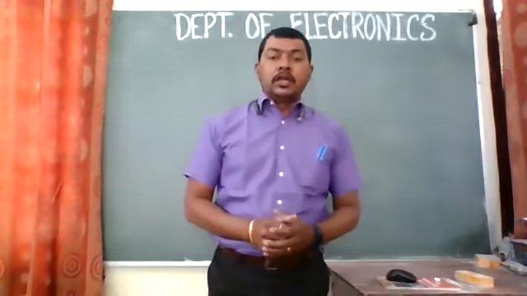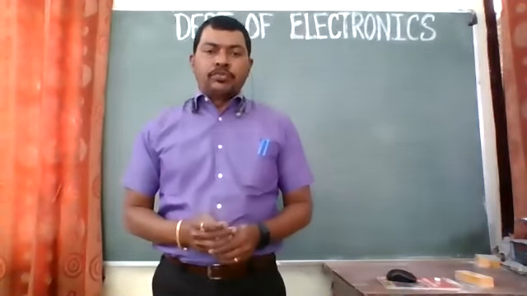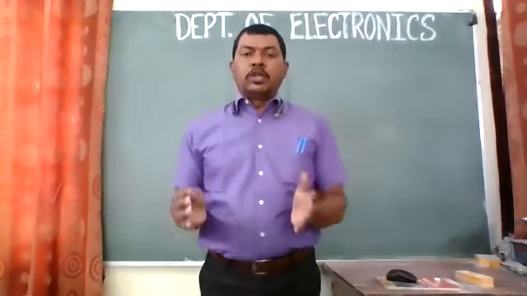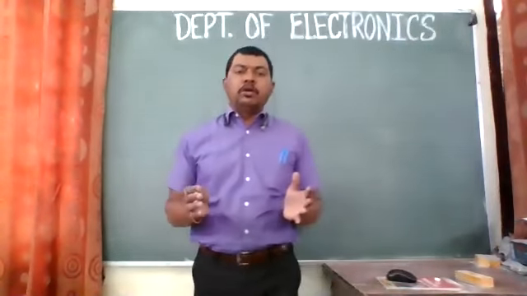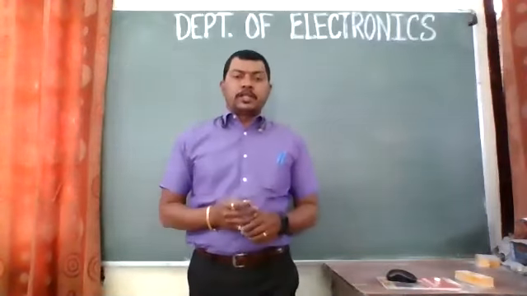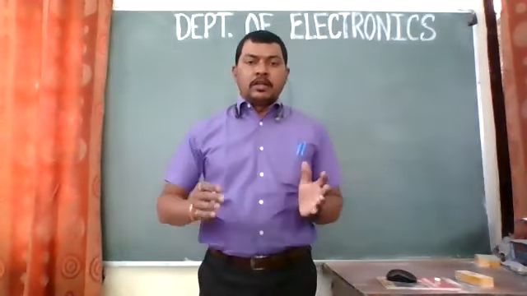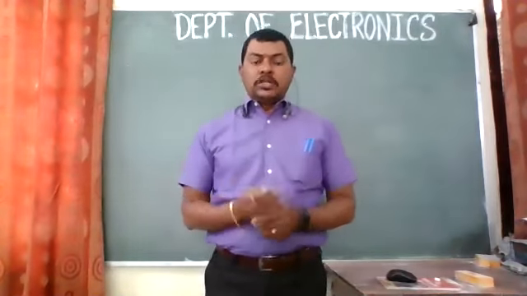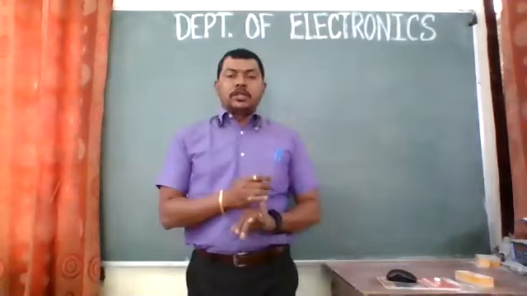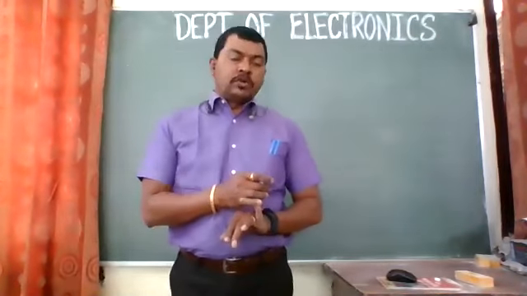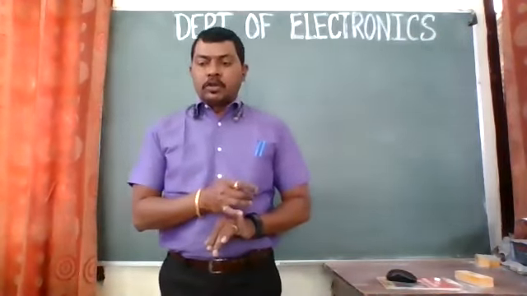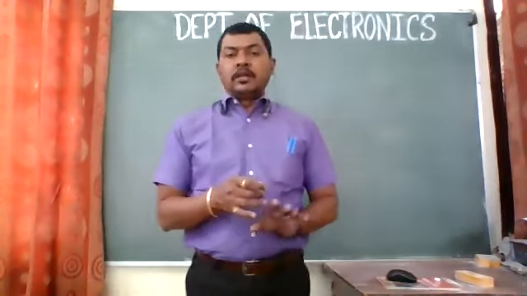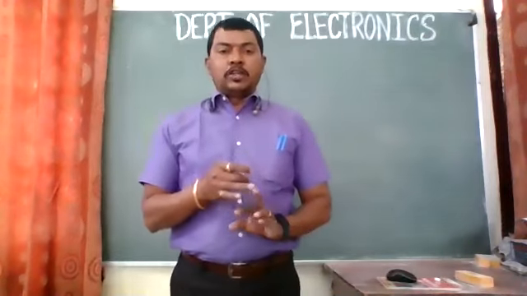Today we are going to study the simplification of some equations of Boolean algebra using these Boolean laws. I guess you remember the six Boolean laws that we have studied: associative law, commutative law, distributive law, AND law, OR law, and the law of inversion.